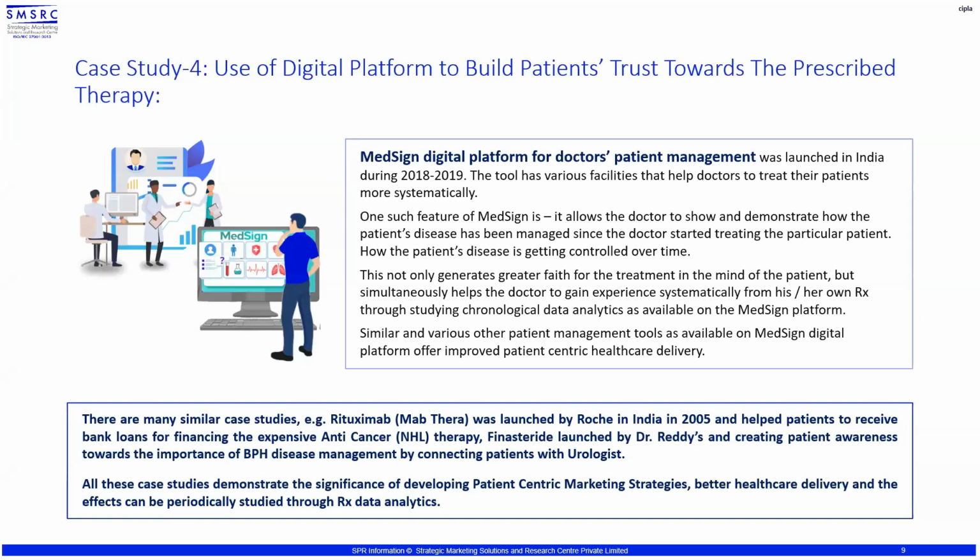Finasteride, Shankar Das is there, so he will correct me. Finasteride was launched by Dr. Reddy's and was the first therapy to treat BPH. At that time there were urologists, but they were not getting patients to treat BPH. So Dr. Reddy's published an advertisement showing a half-filled bottle with a cap fixed to it, and the water is dropping, not flowing out smoothly.